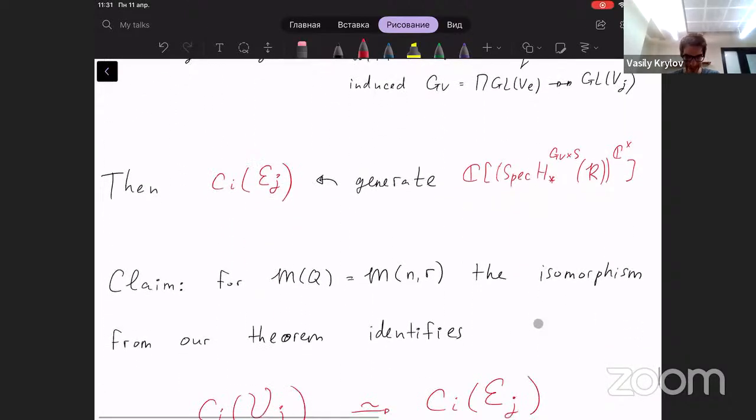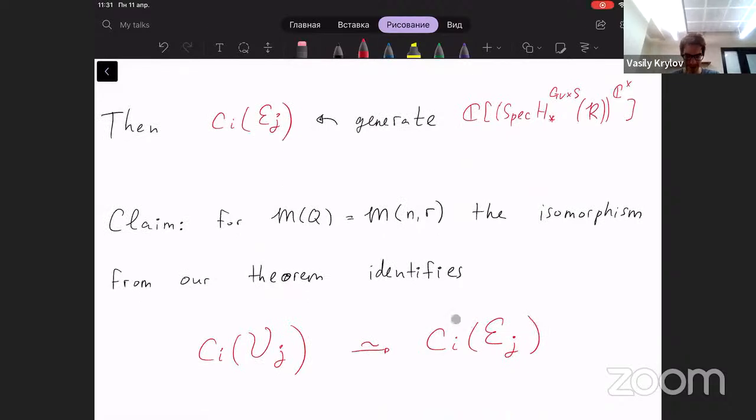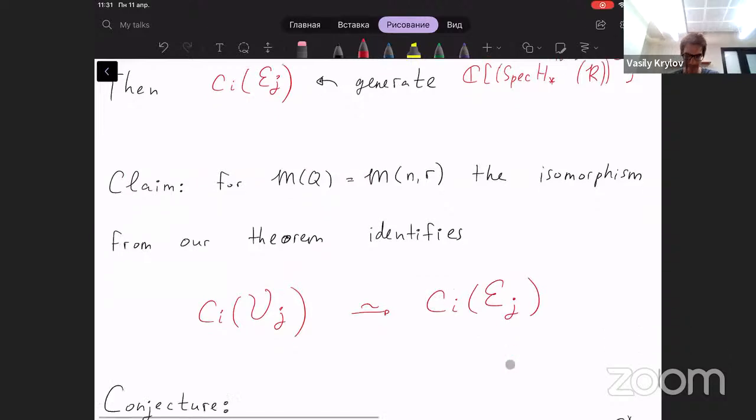Then the claim that you can check is that in our particular case, when you are dealing with the ADHM space, the isomorphism that we have actually identifies these two sets of generators. So it maps Chern characters of V_j to Chern characters of E_j.